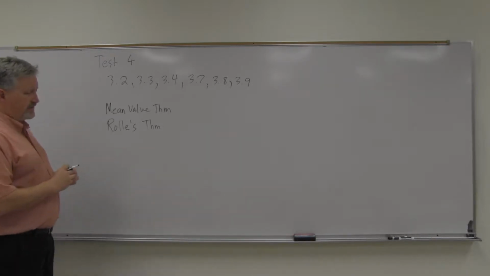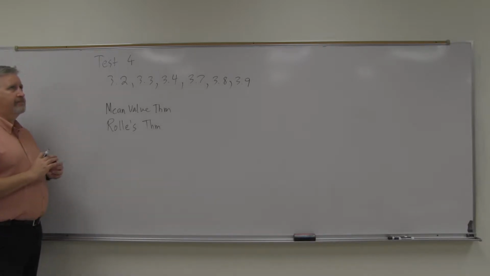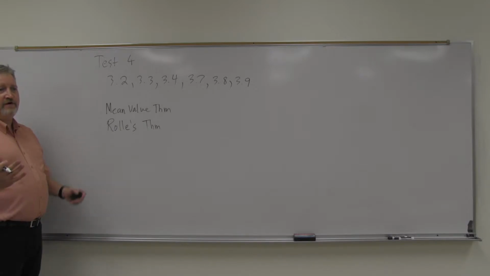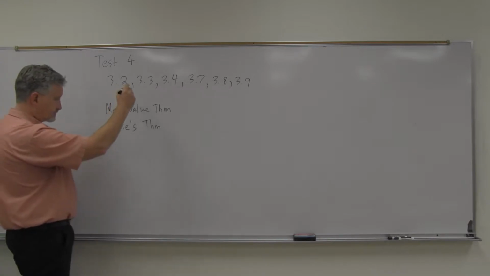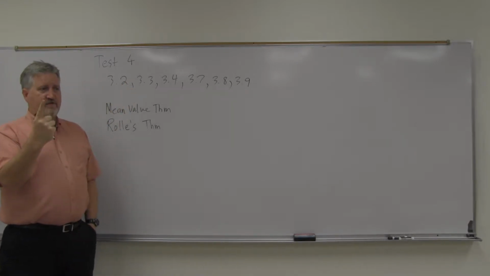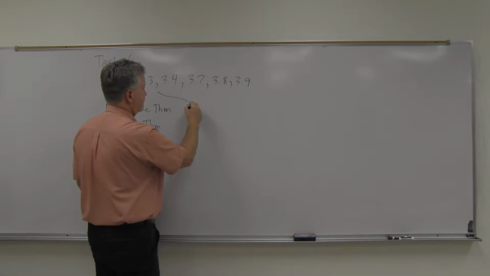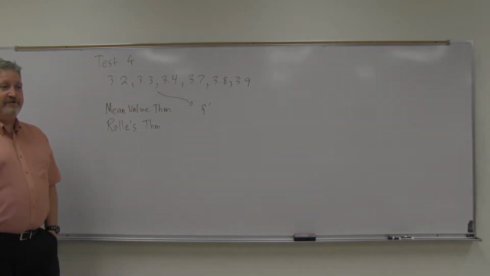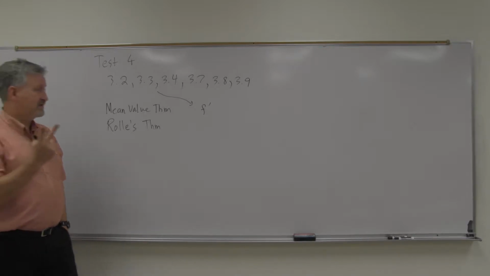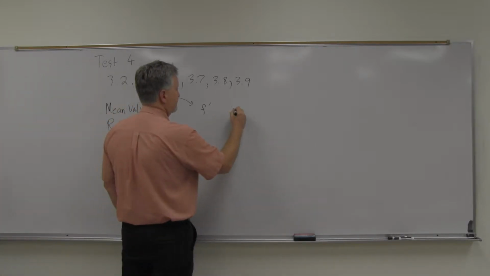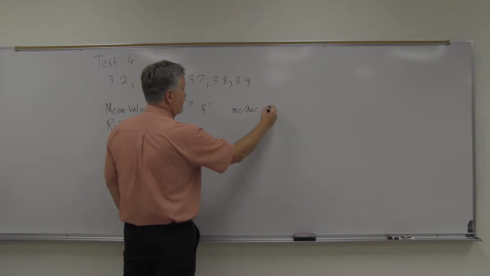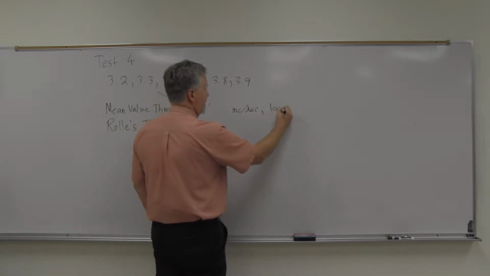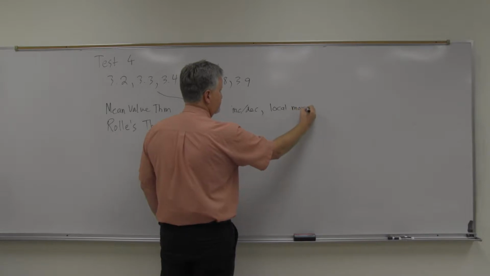Now, 3.3 was the section where we talked about what the derivative means as far as the graph is concerned. The first derivative can tell me two things, increasing and decreasing, and also connected with that are the local maxes and mins.